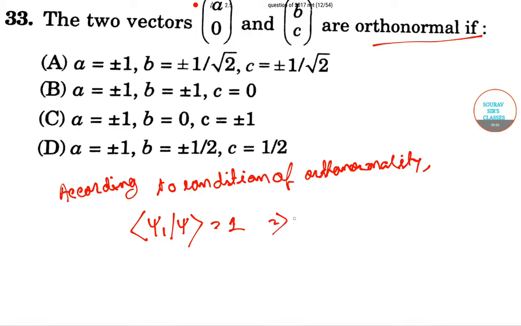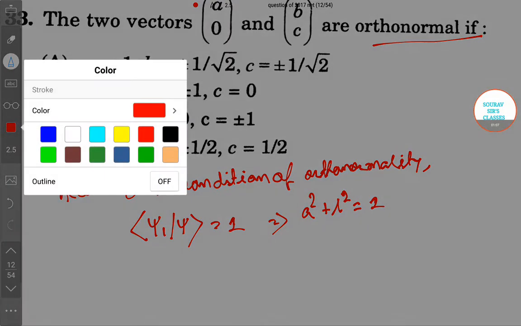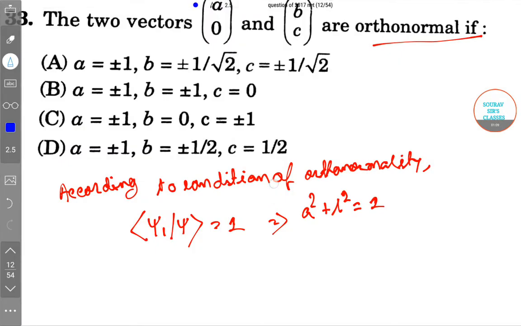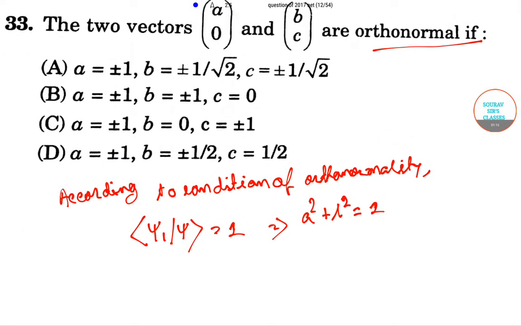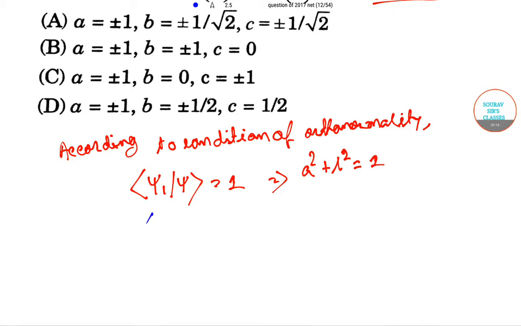That means a square plus b square is equal to 1. Then we can write for psi 2, bra of psi 2 and ket of psi 2 is equal to 1. This means b square plus c square is equal to 1.